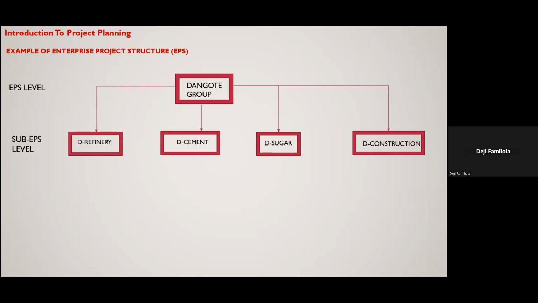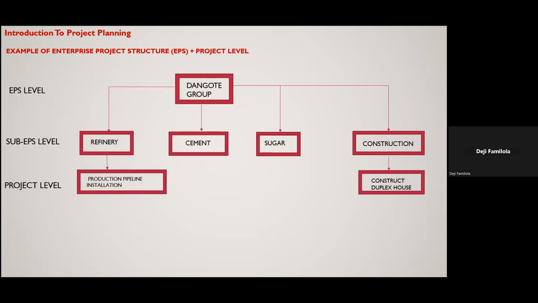That is why we used that as an example of a sub-EPS. The next one is the project level, which we've talked about. At this project level, each project goes into the specific subsidiary.